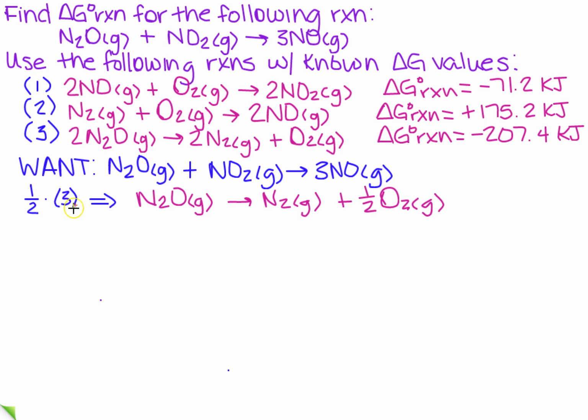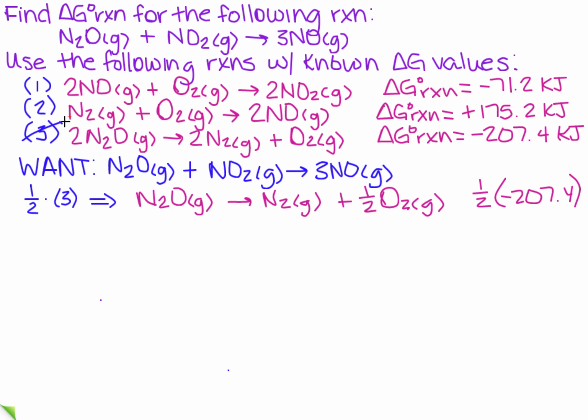Now, whatever you do to the equation, you also have to do to the delta G of the reaction. So over here, I'm going to have 1/2 times minus 207.4. Okay, so we've used number 3, so it's gone. We can't use it again.